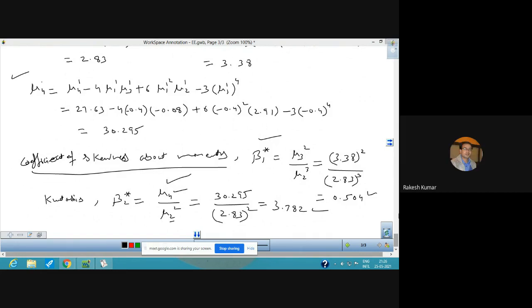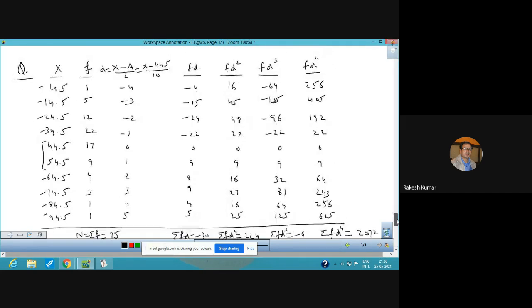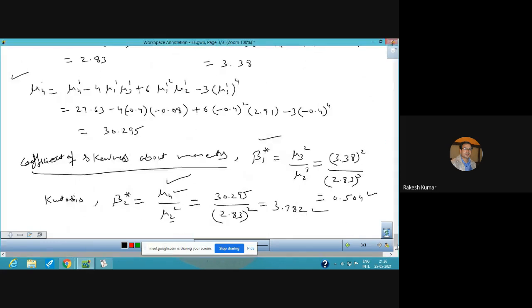Now remember, this is the question with the help of discrete data values. Just see, the discrete data is given to us. So the question can also be done with the help of continuous data values. And let us do that.